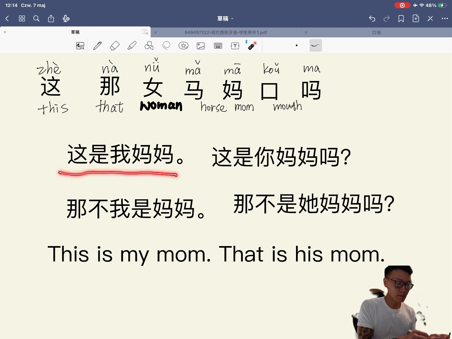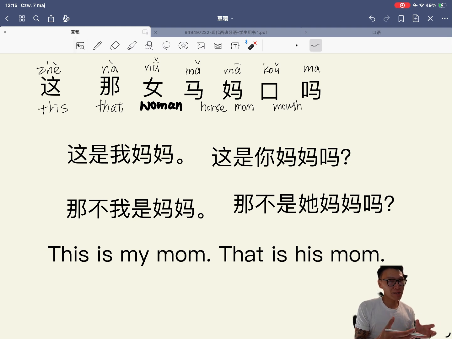The first sentence, 这是我妈妈。Alright, so 这是 means this is, 我 means I, but here since we have mama after 我, 我 here can be translated as my, alright? But we cannot use 我 as my in all situations, but we will explain that in the future.